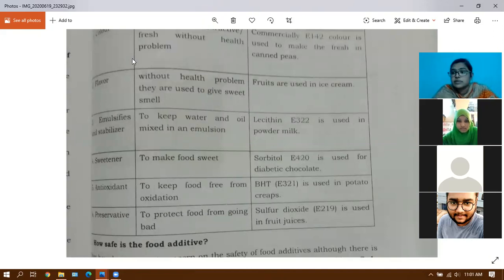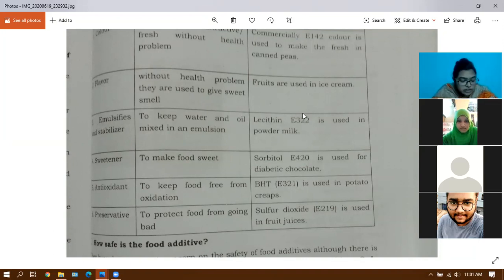Mayonnaise is one kind of emulsifier. Then ice cream, homogenized milk. These are emulsifiers.